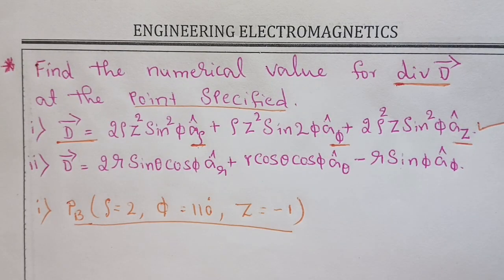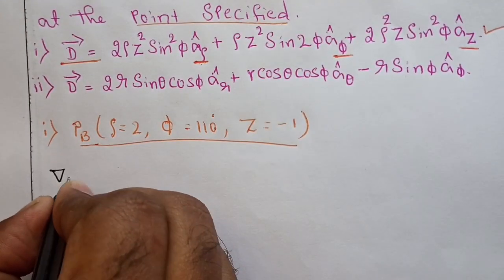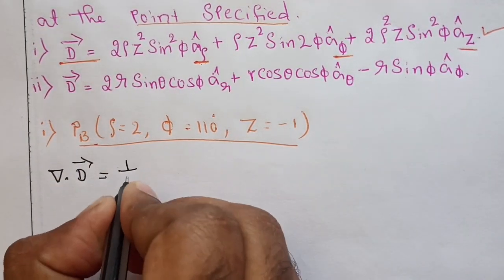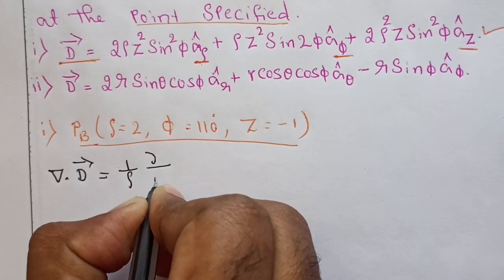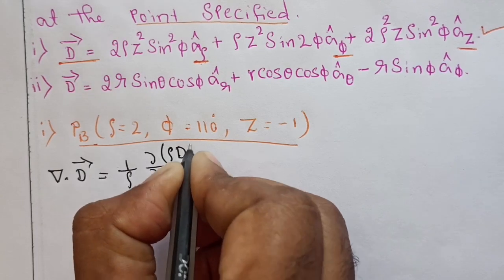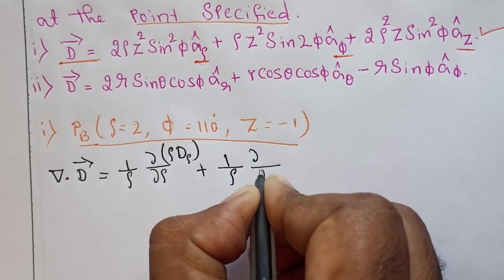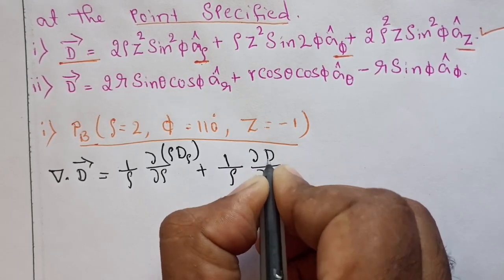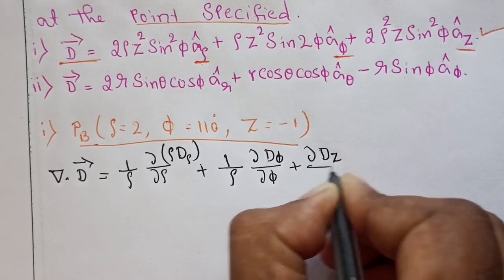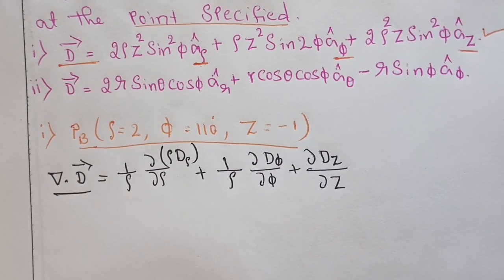For the cylindrical coordinate system, we know the divergence of vector D: del dot D equals 1 by rho into dou by dou rho of rho into D rho, plus 1 by rho into dou by dou phi of D phi, plus dou Dz by dou z. This is the equation for divergence for a cylindrical coordinate system.